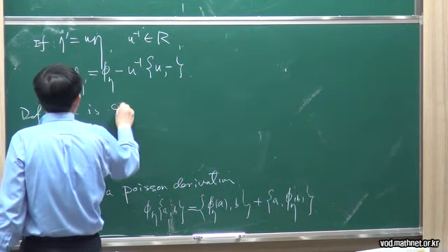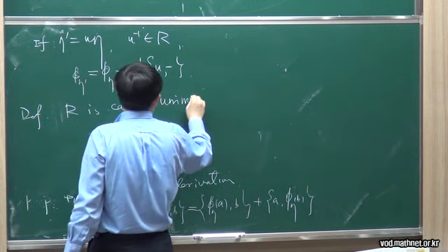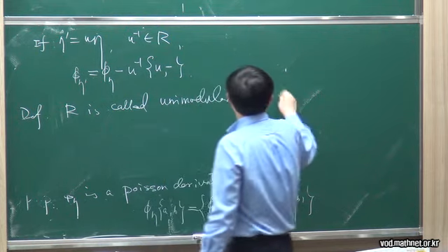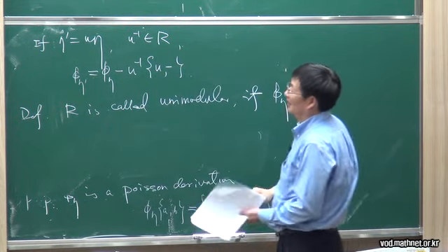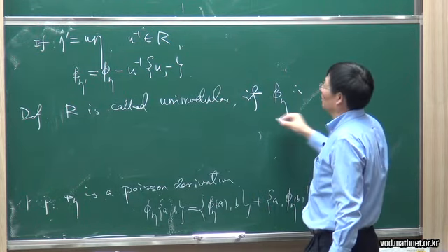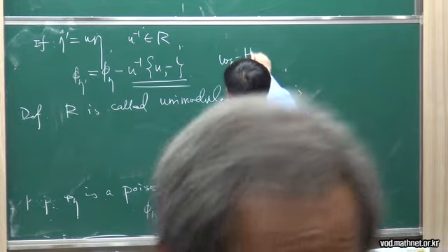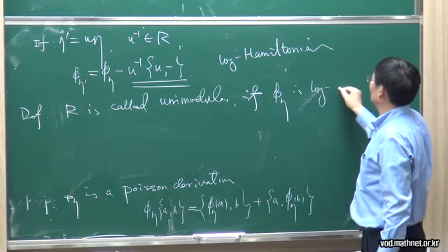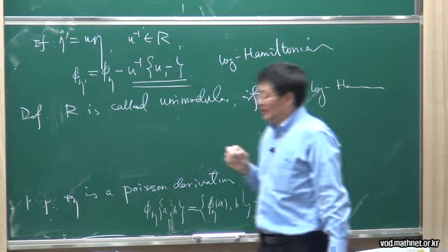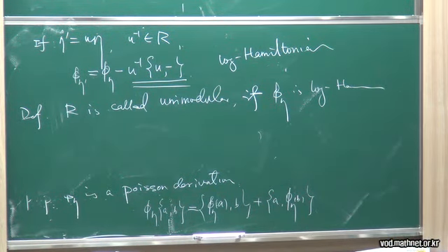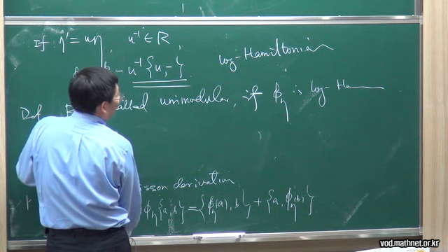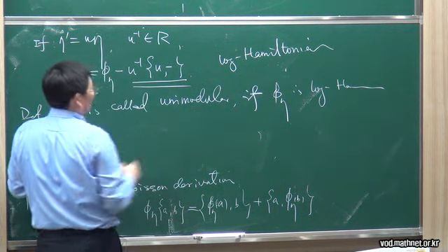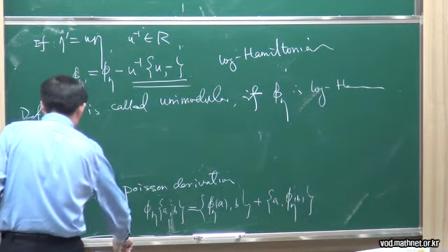R is called unimodular if phi eta is something like this, which we call log Hamiltonian. It's a log Hamiltonian derivation. And even in the polynomial case, log Hamiltonian is usually not Hamiltonian. I will give an example later.